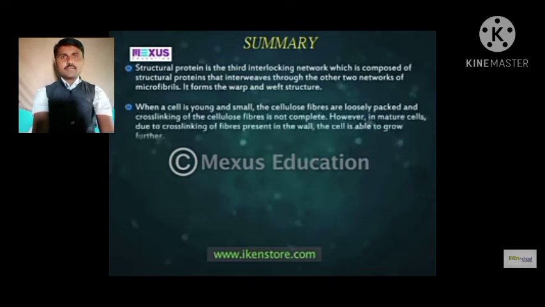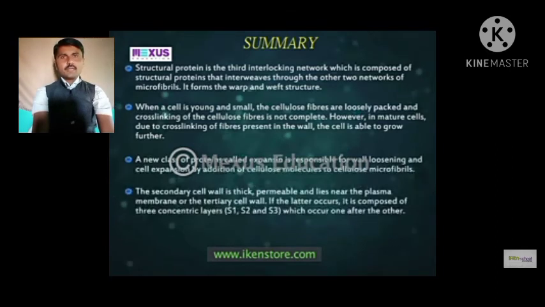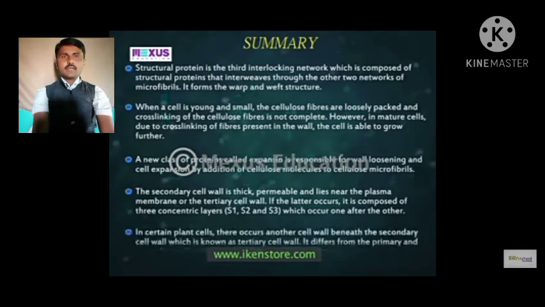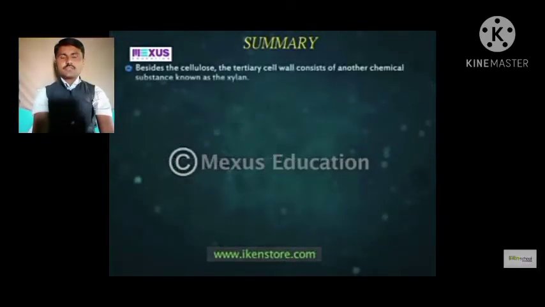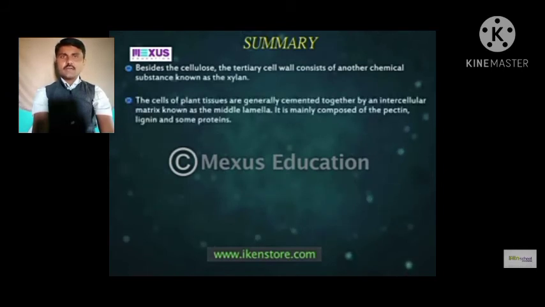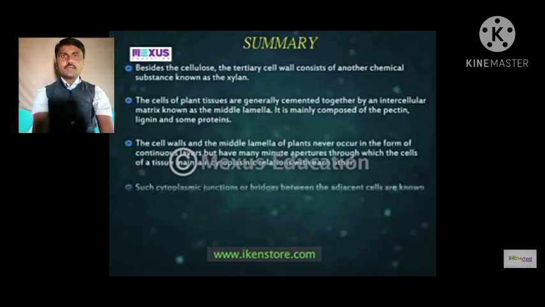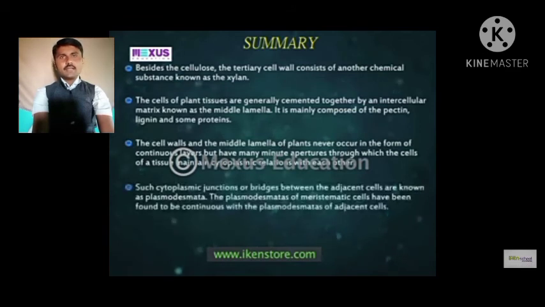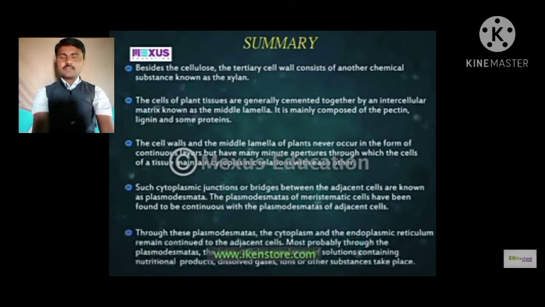I am just trying to explain this video so that it will help you to understand, with the help of the diagram, exactly what the cell wall is and how the cell wall functions, what is the structure of the cell wall, what is the chemical composition of the cell walls, and how many types of cell wall are seen in it: primary, secondary as well as tertiary, how these three types play different roles, and you may see the different types of chemical constituents that occur in this cell wall.